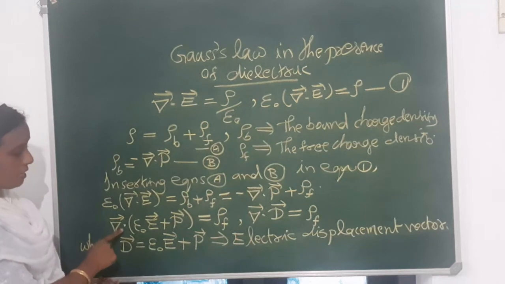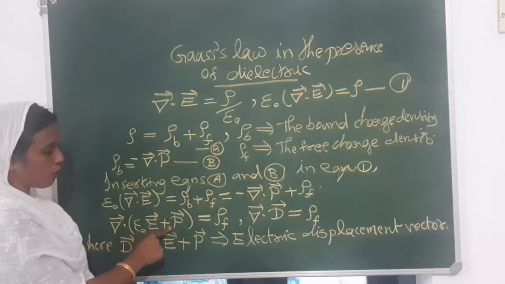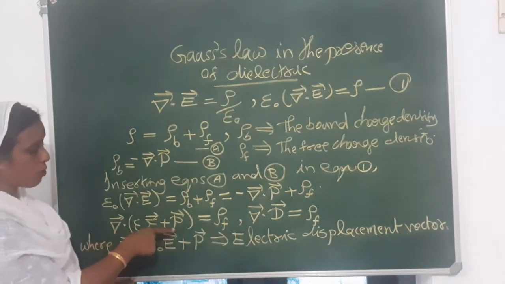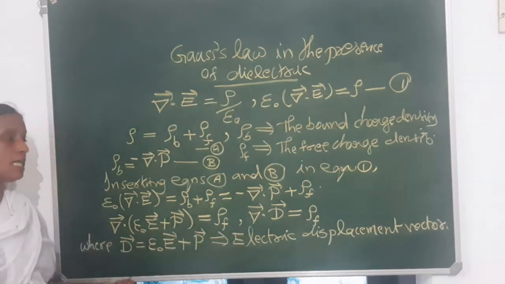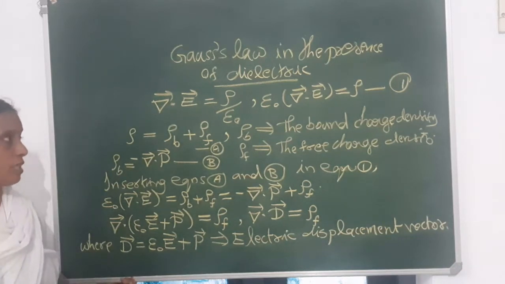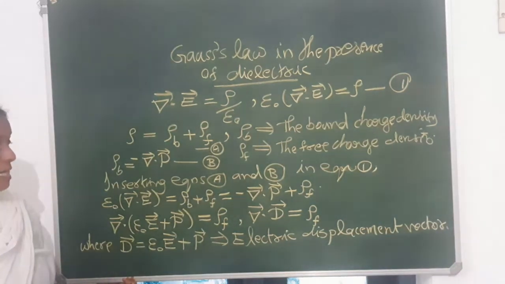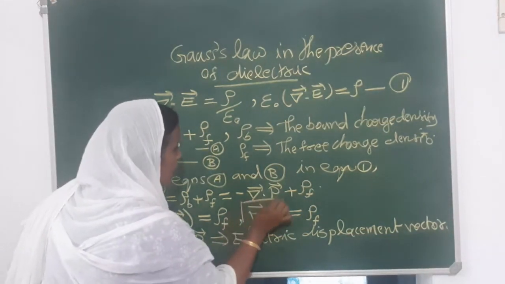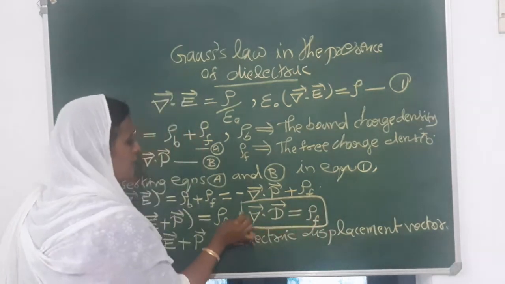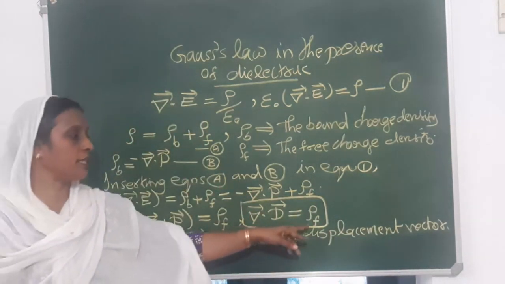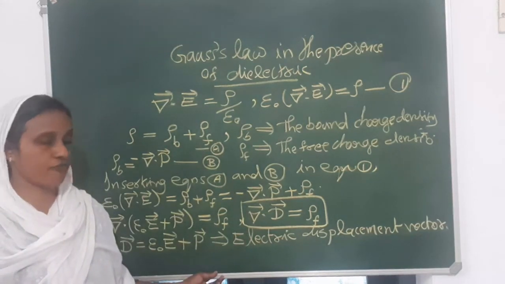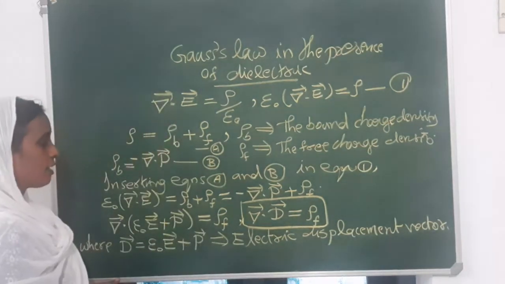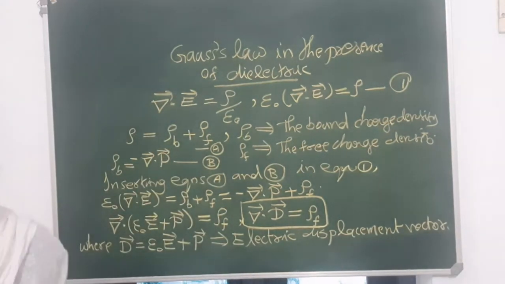Then you get divergence of epsilon 0 E plus P equal to rho f. This new term, epsilon 0 E plus P, is called electric displacement vector. So, Gauss law in dielectric is restated as del dot D equal to rho f.